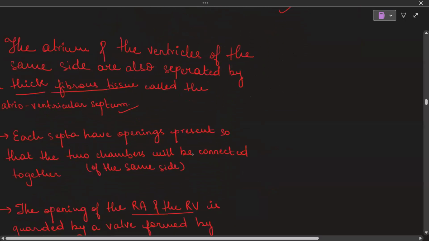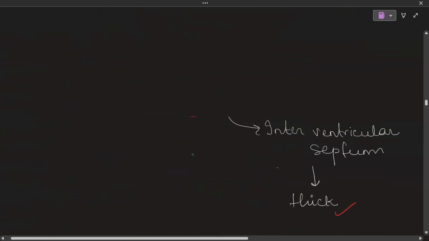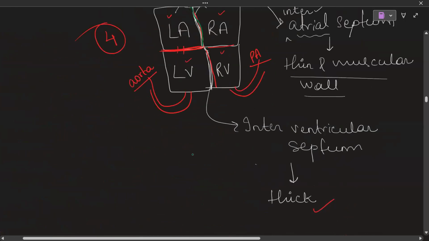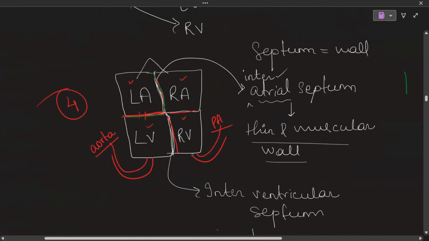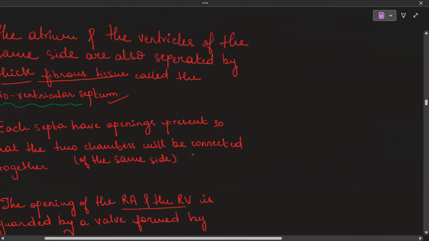Now, the atrium and the ventricle of the same side are also separated by a thick fibrous tissue, known as the atrioventricular septum. So we saw that each of the chambers is separated. Separations are everywhere.